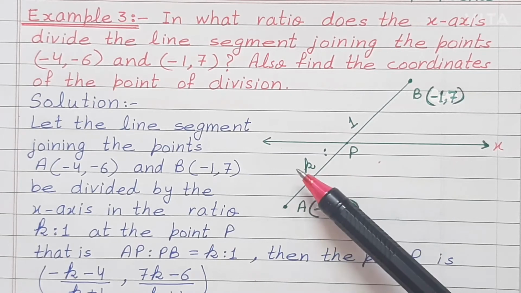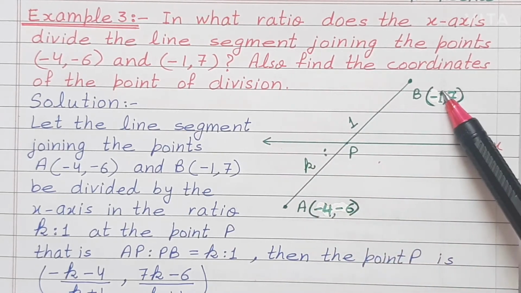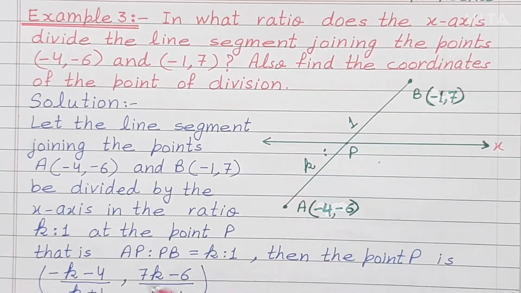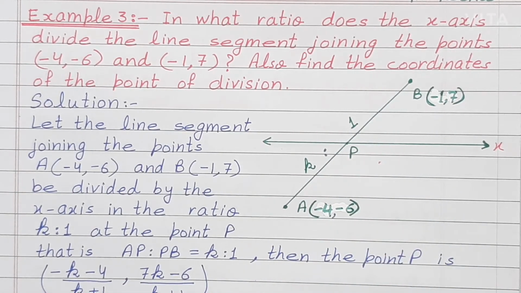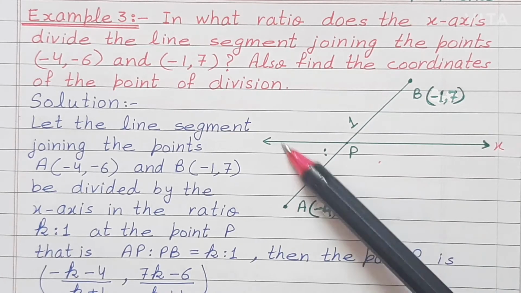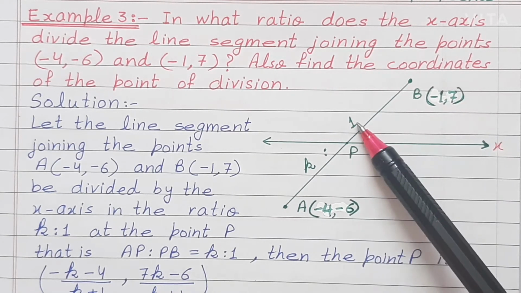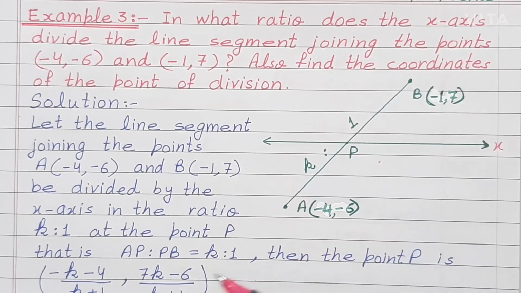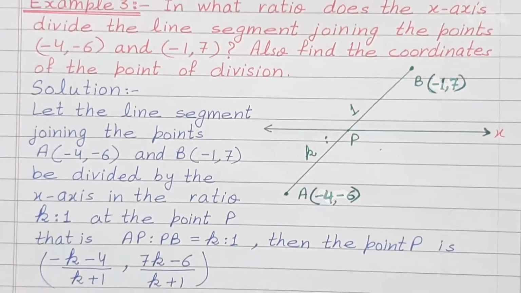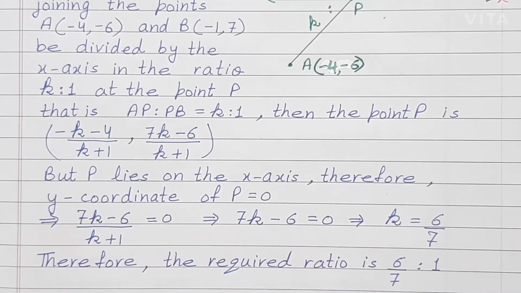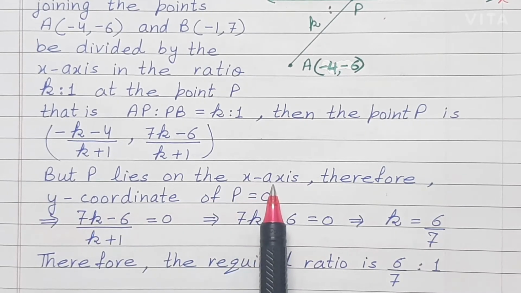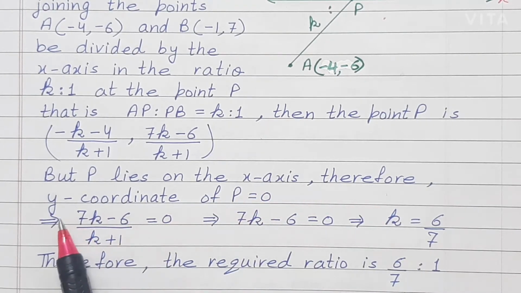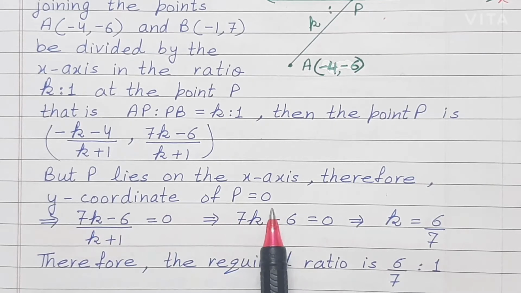Then the point P is (k into -1 plus 1 into -4) upon sum of ratio, that is k plus 1, then (k into 7 plus 1 into -6) upon sum of ratio, that is k plus 1. Clear? Now students, since P lies on x-axis, therefore y coordinate of P is 0.